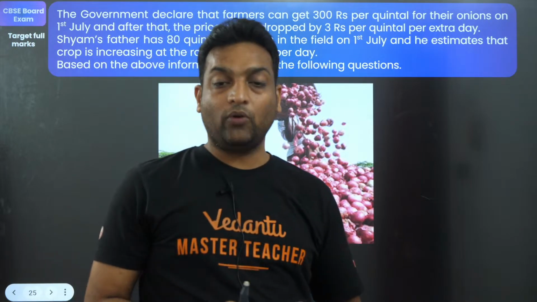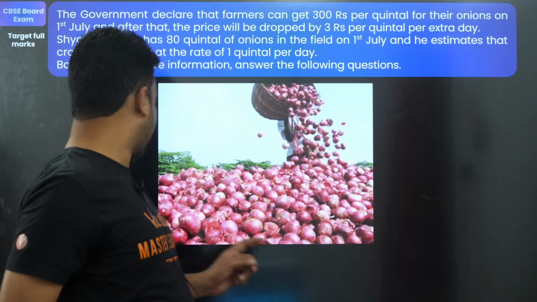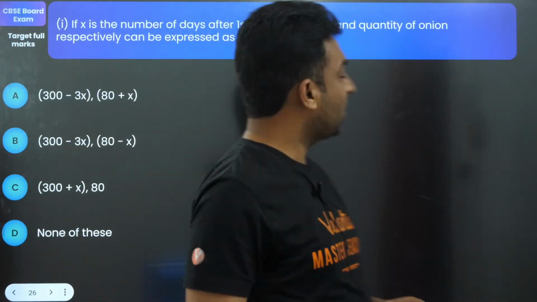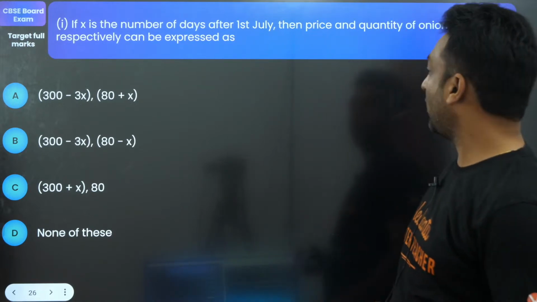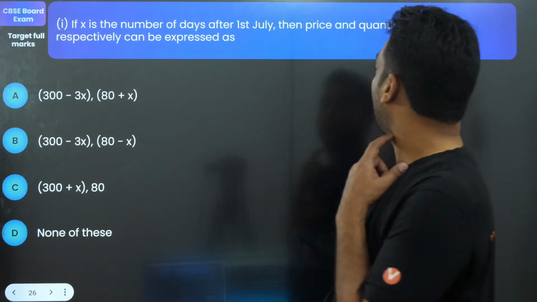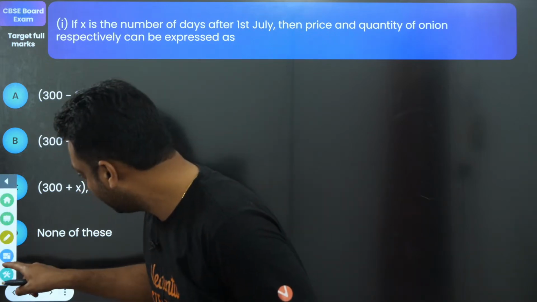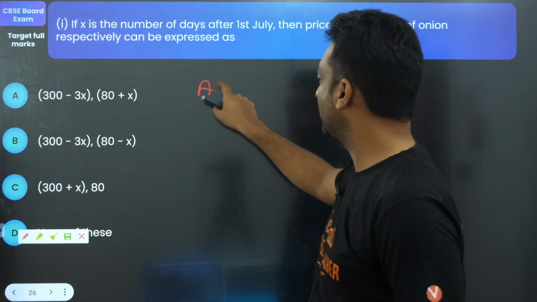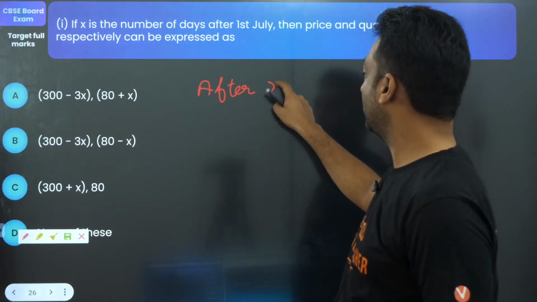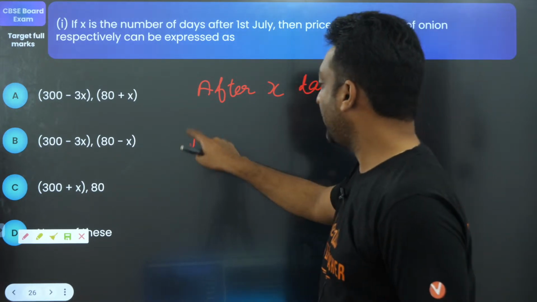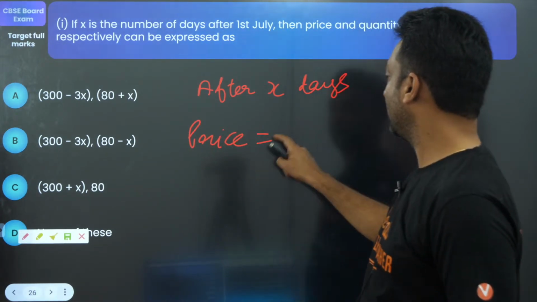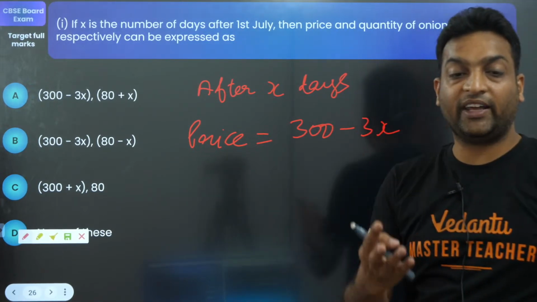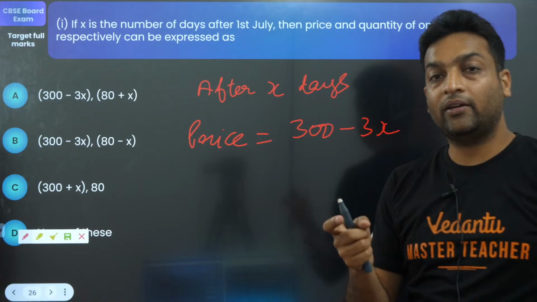Okay. Now, what we have to find? If x is the number of days after 1st July, what will be the price and quantity of onions after x days? Price will be 300 minus 3 into x, because after every 1 day the price decreases by rupees 3.